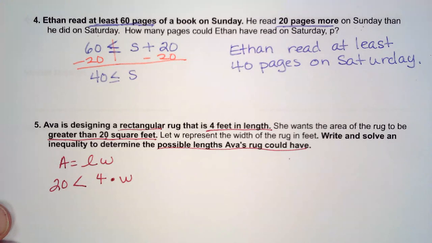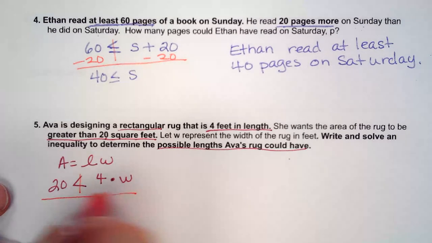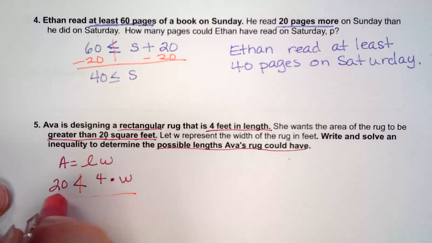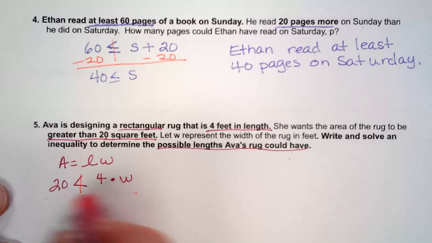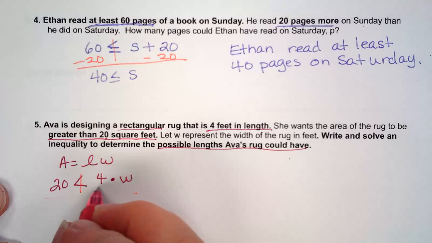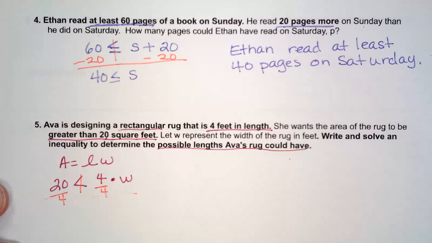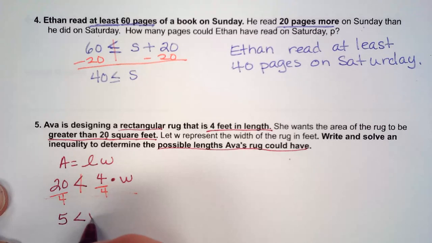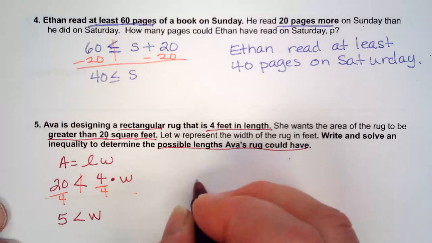How do we solve? Divide both sides by 4. So 5 is less than W. Okay, so what does that mean?